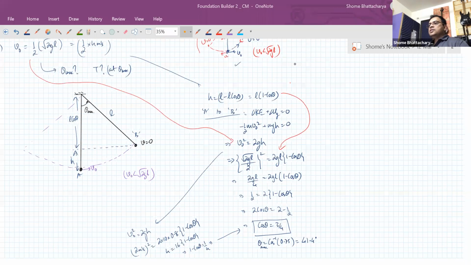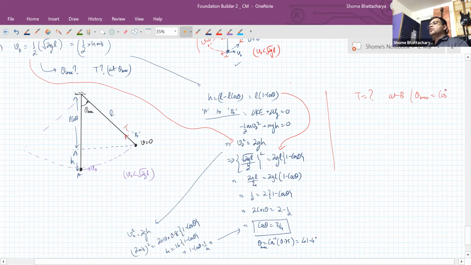Okay. Now the next thing is we also want to find the tension at this point. How much this tension is. So the tension at that point B, where theta max is equal to cos inverse of 3 by 4. Okay. So look at the free body diagram of the particle at the point B. Because the speed of the particle is 0, so the centripetal acceleration should be how much? It should be 0. So that becomes a very important point over here. Tension and mg are acting like this.